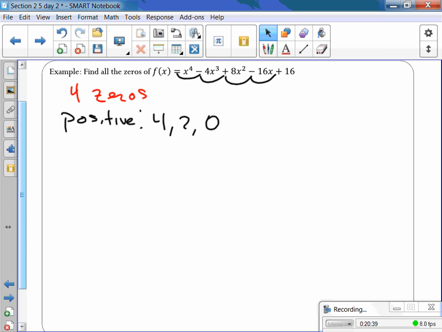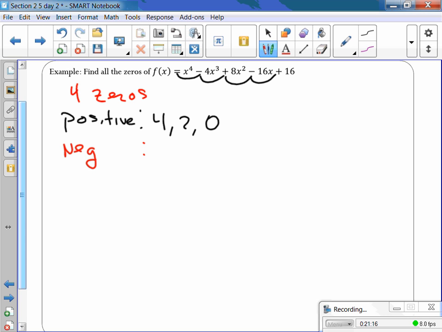For my negative zeros, first we need to find out what f of negative x is. Absolutely.